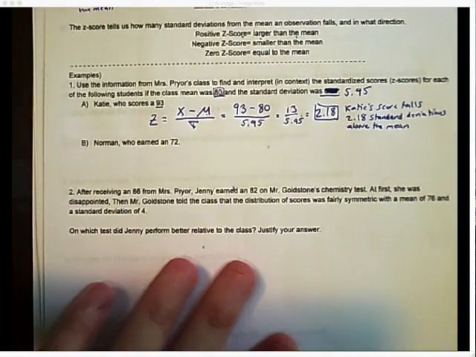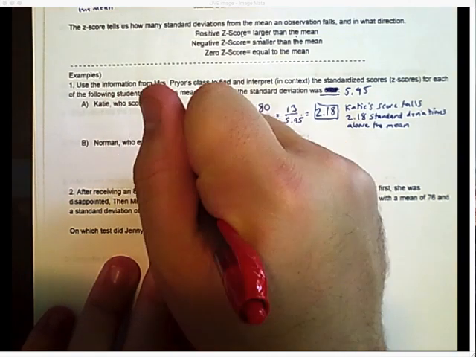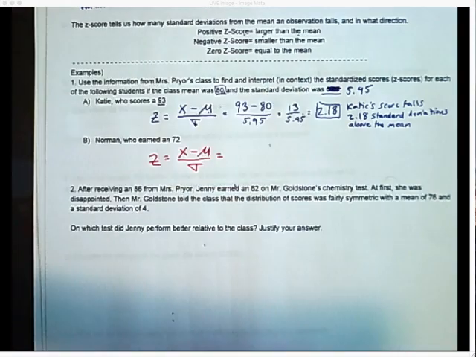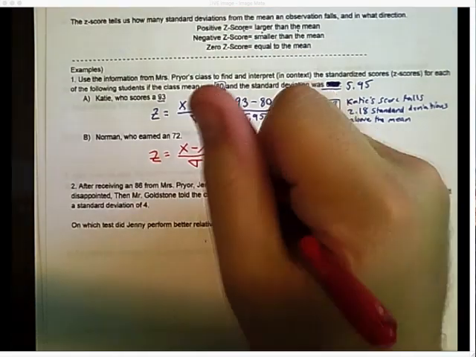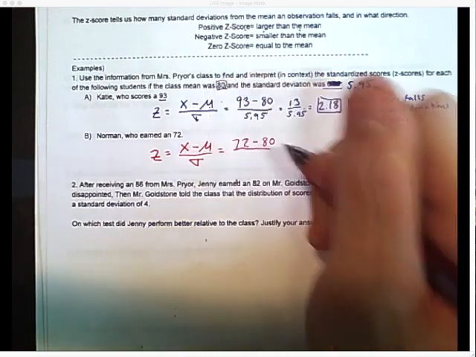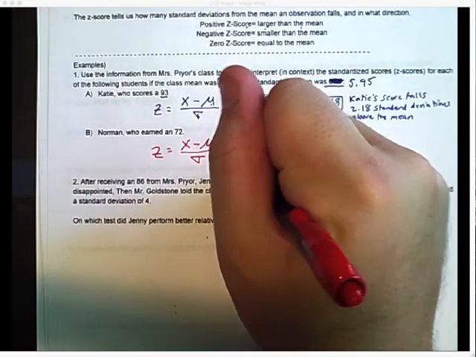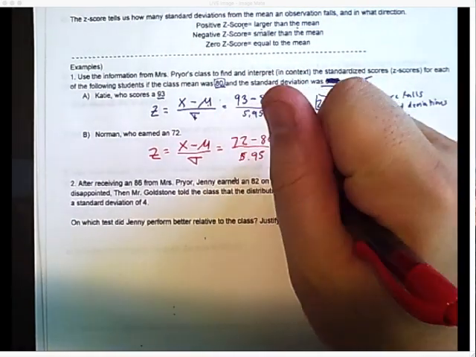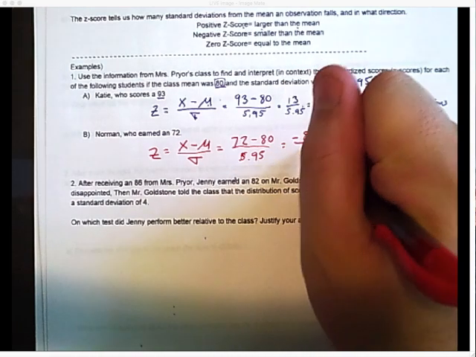Now let's talk about Norman here. We want to find out his z-score. X minus mu over sigma. So he's earned a 72. So we do 72 minus 80 over 5.95. So 72 minus 80 is negative 8, over 5.95.